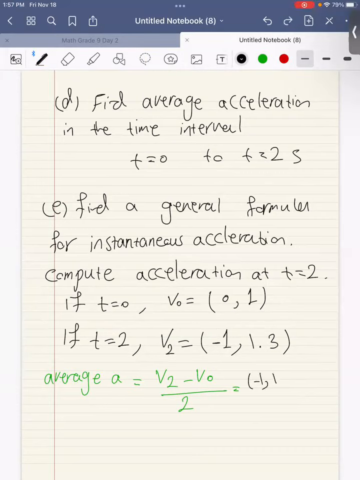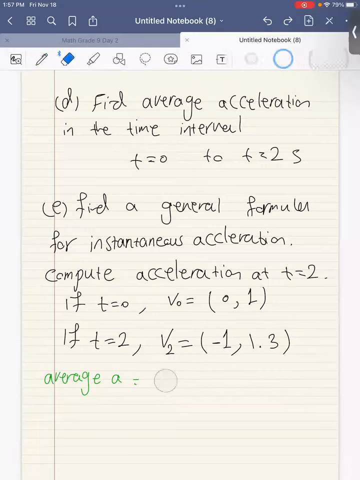So let's subtract them. First of all, you know this equation is delta v over delta t. So this is v2 minus v0 over 2.